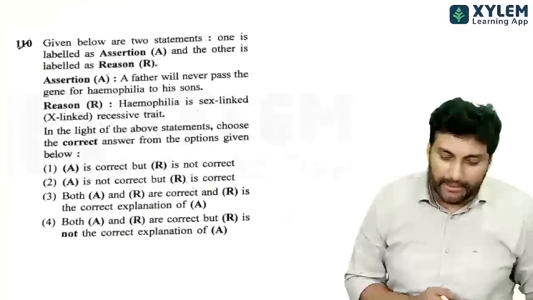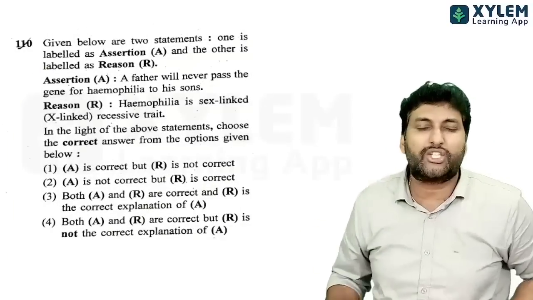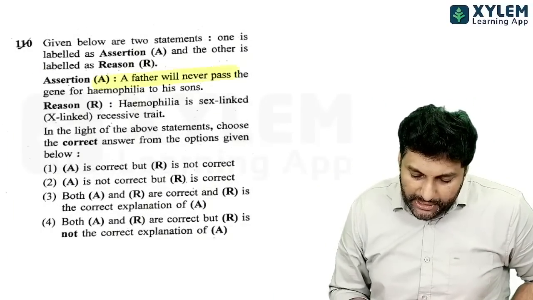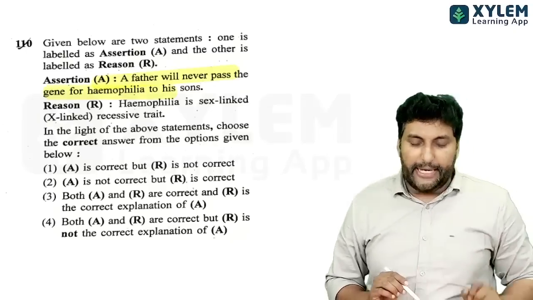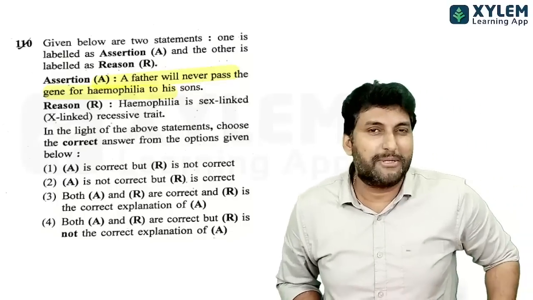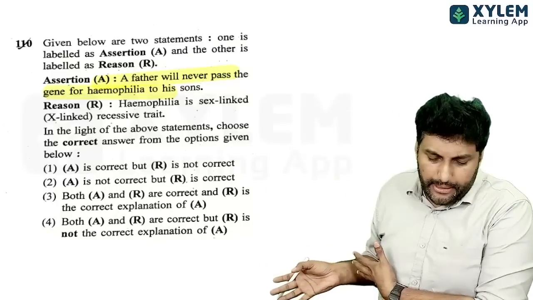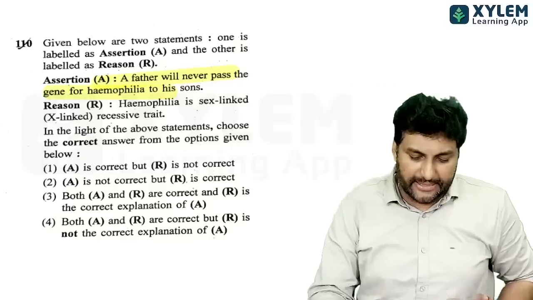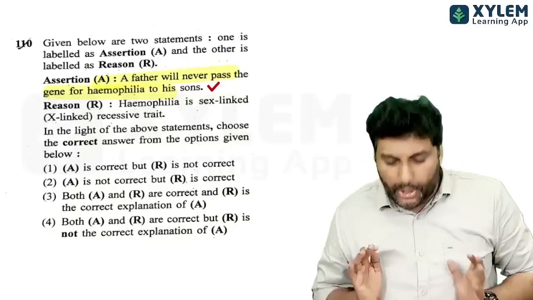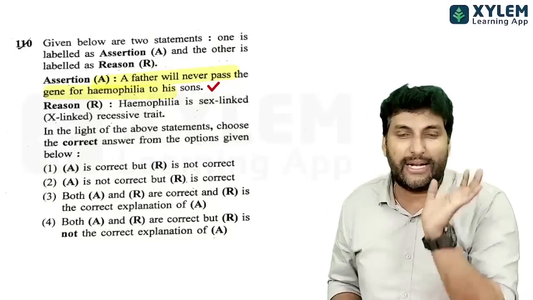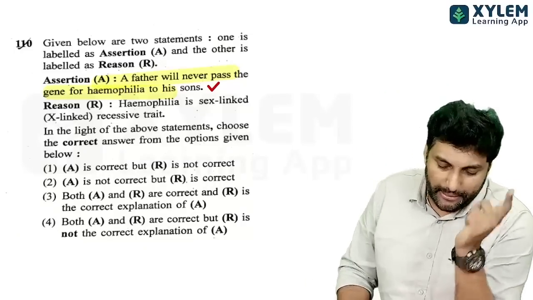Let's move to 110. Again, an assertion based question. In the assertion, they are telling that a father will never pass the gene for hemophilia to his sons. Again, a question from Principles of Inheritance. The assertion is very clear that father will never pass it. That's absolutely correct because it is X-linked, sex-linked, and comes only from the mother.